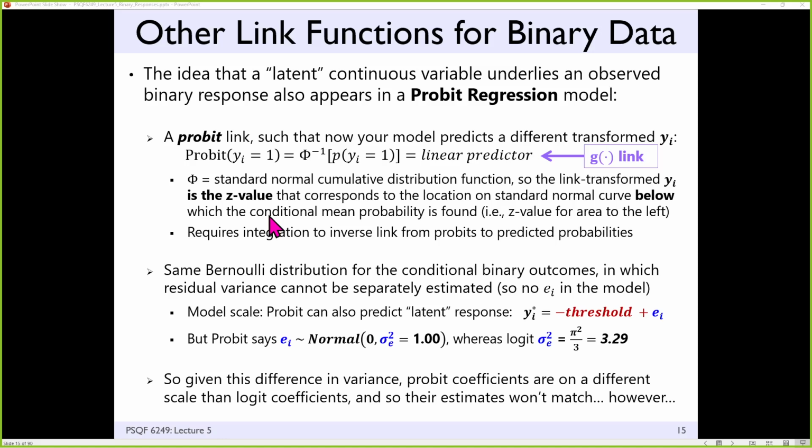Probit harkens back to my version of intro stat as an undergrad, and potentially some of yours, depending on how long ago that was. In the back of every undergraduate intro stat textbook, there's a bunch of tables. Do you remember the tables? Like Z tables, where you have Z scores and then p-values in the middle of the table, or vice versa, and critical values for chi-squares and t's and all that stuff.